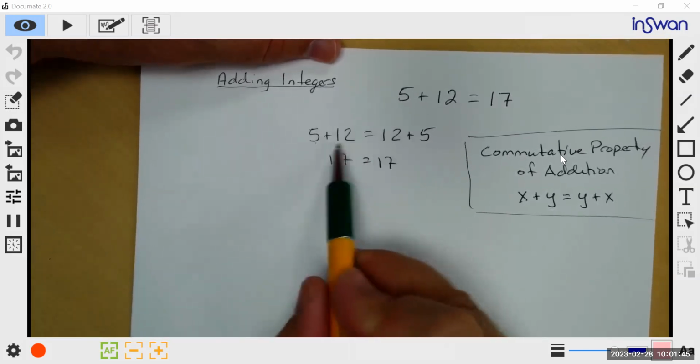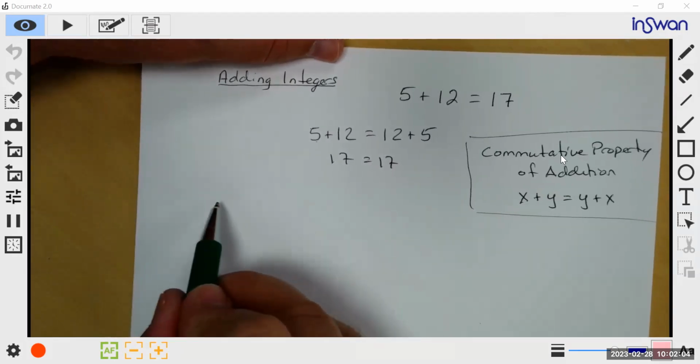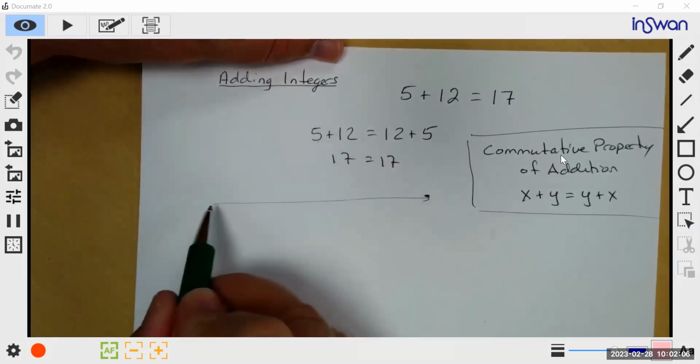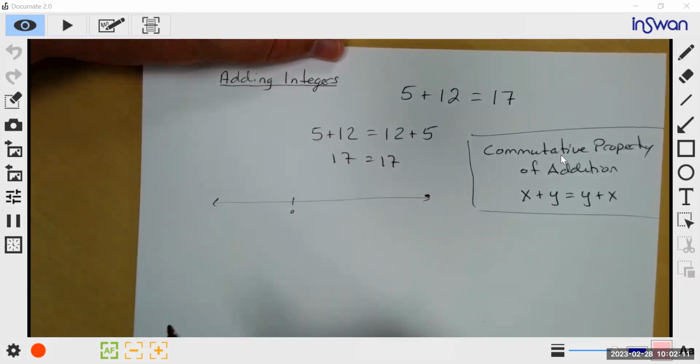Now, how would you prove that 5 plus 12 is 17? How would you use a number line to prove that? Remember a number line. We have 0 in the middle. Anything to the left, is it positive or negative?